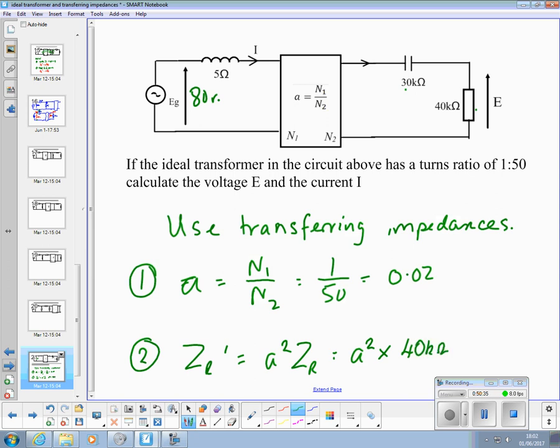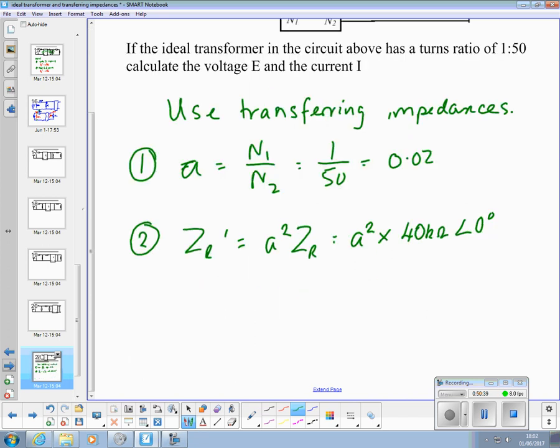Angle 0 degrees. And actually, we need to deal with the kiloohms here.